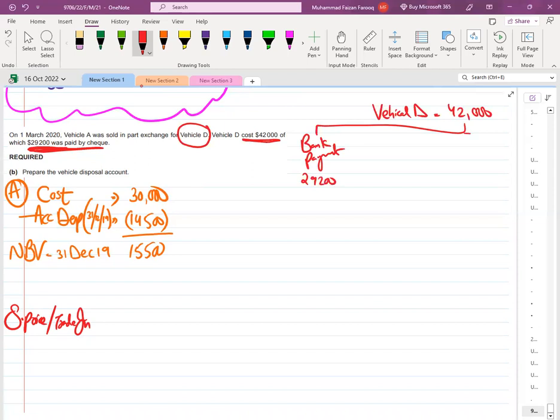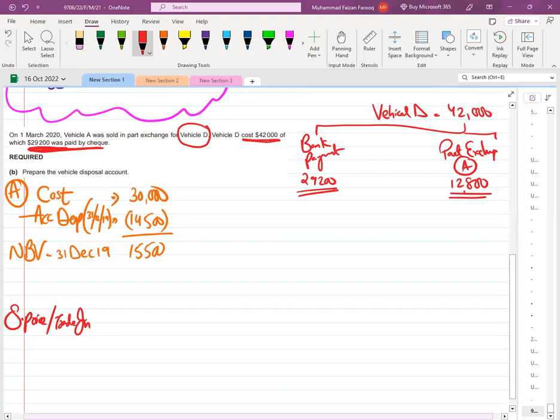So how much is the part exchange value of vehicle A? 12,800, right? The new vehicle is 42,000, and we are still paying 29,200, which means there's a relief, and this relief is because of the exchange of the old asset. Now we got 12,800.